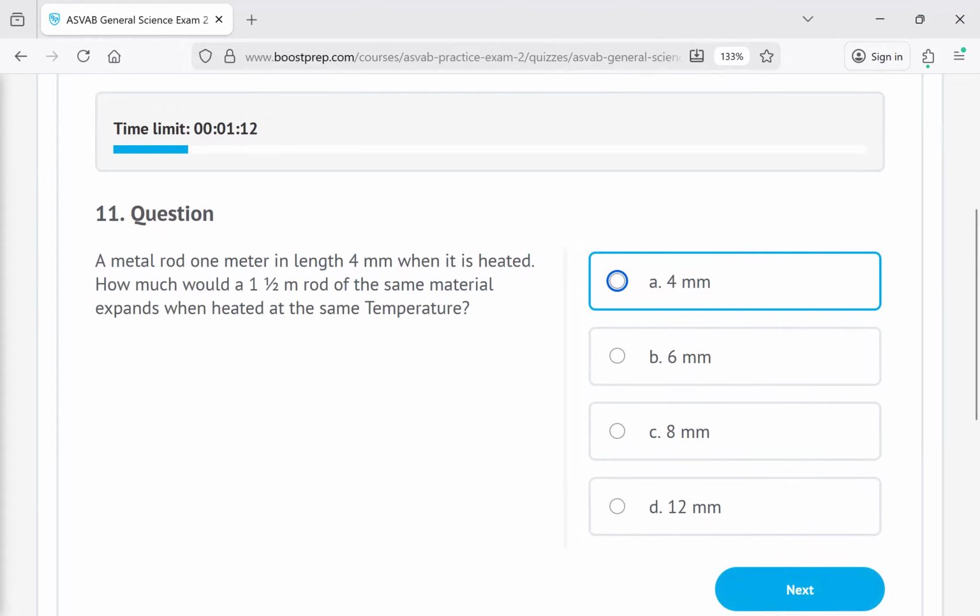Question 11, a metal rod 1 meter in length expands 4 millimeters when it's heated.